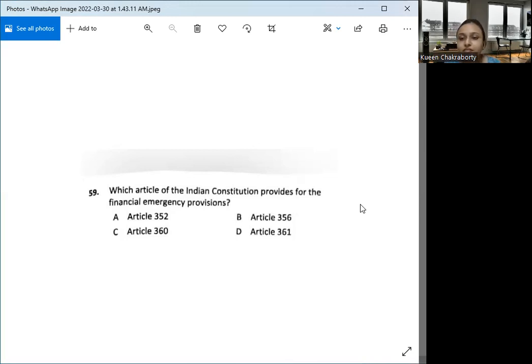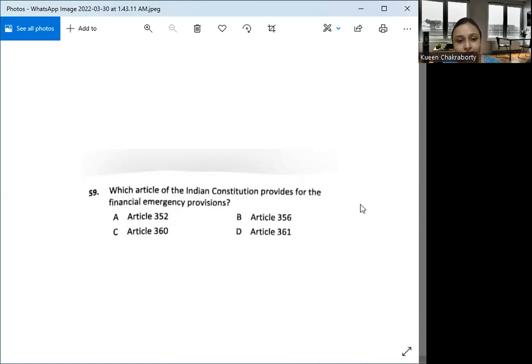Article 360 of the Indian Constitution provides for a financial emergency. If the President is satisfied that a situation has arisen whereby the financial stability or credit of India or any part of its territory is threatened, he may make a proclamation to that effect.